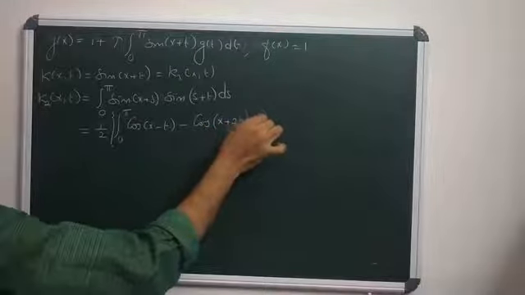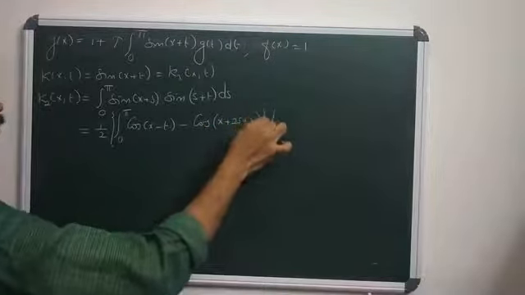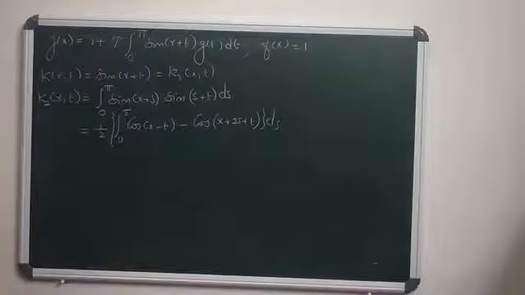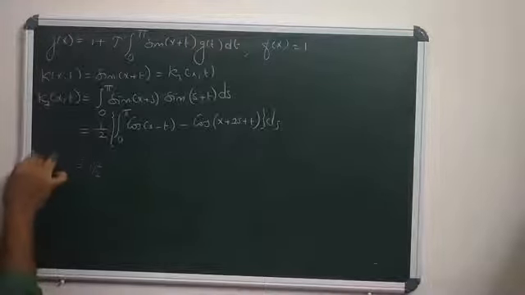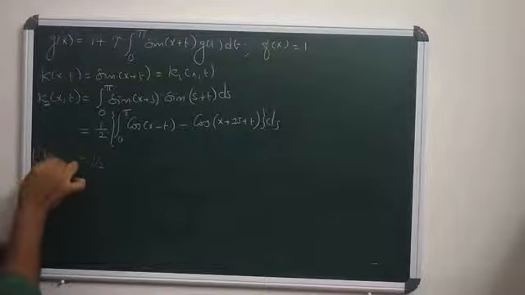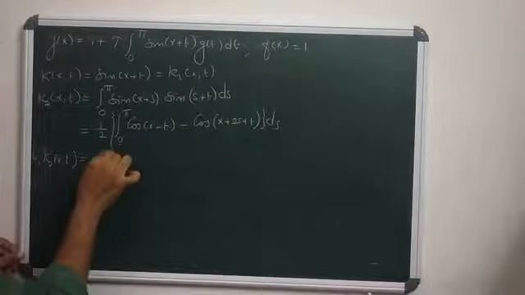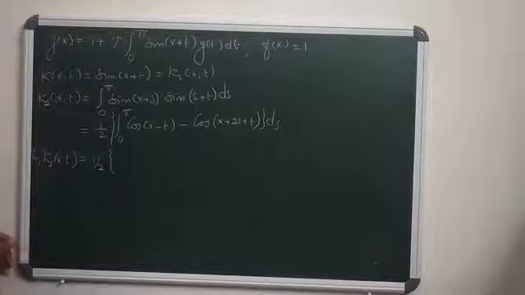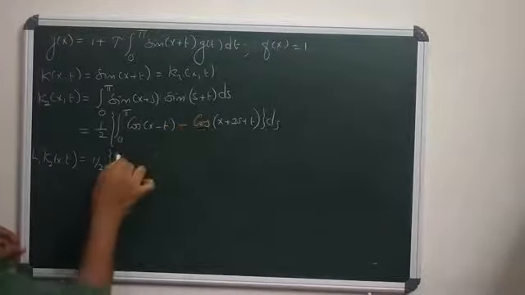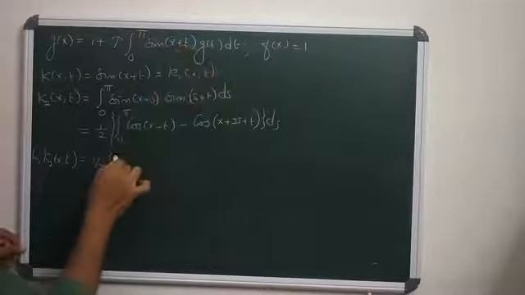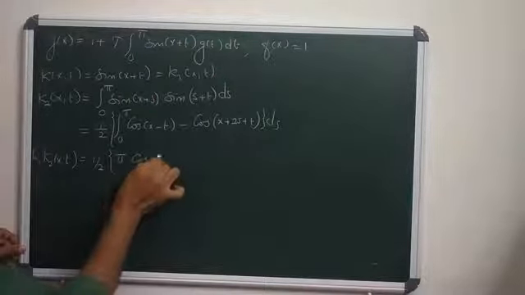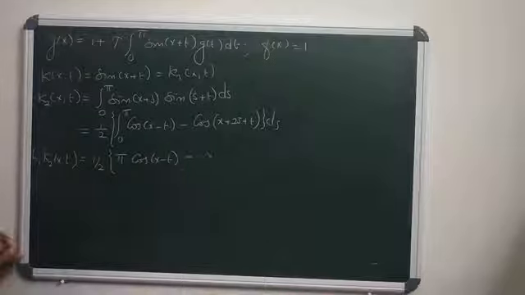So it is half of the integral from 0 to pi of cos(x minus t) minus cos(x plus 2s plus t) ds. That is k2(x,t), equal to half of cos(x minus t) times the integral of ds from 0 to pi, which gives pi times cos(x minus t), minus the integral of cos(x plus 2s plus t).